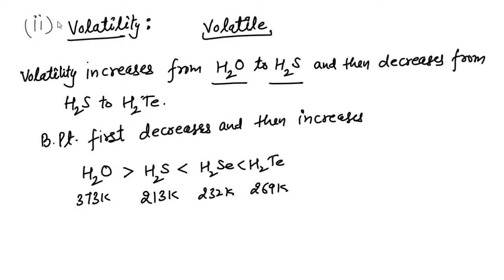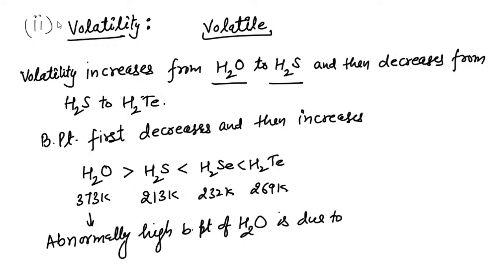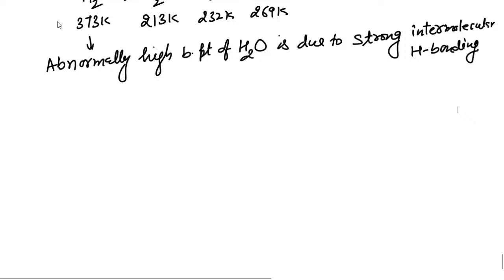See, the abnormally high boiling point of H2O is due to strong intermolecular hydrogen bonding; molecules are associated through hydrogen bonding.